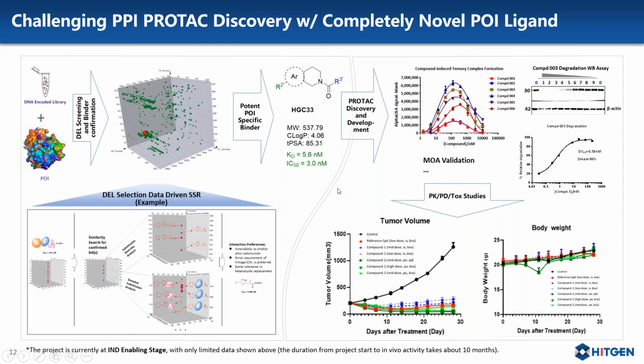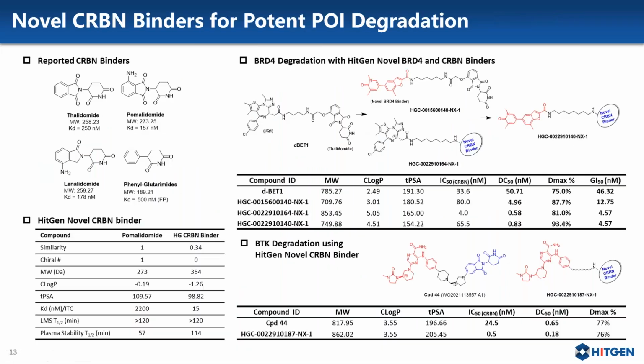DEL technology is also powerful to find the ligands of E3 ligases. Thalidomide and its analogs as CRBN binders are mostly used for PROTAC development. With DEL screening, we successfully discovered novel CRBN binders. Compared with thalidomide analogs, the new CRBN binders are quite structurally different.